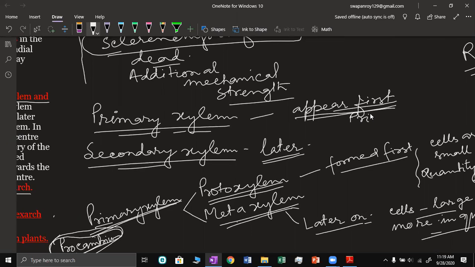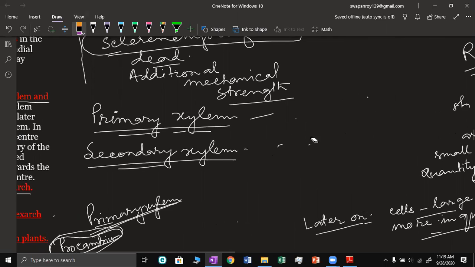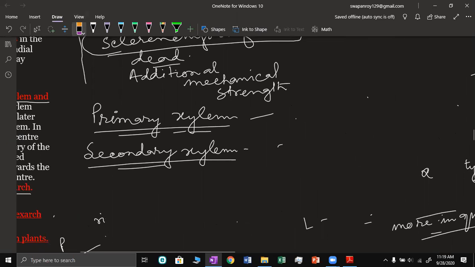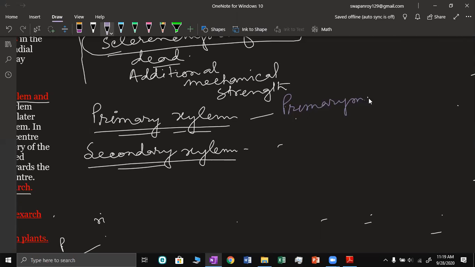This one is formed from the primary meristem, and the secondary xylem is produced from the later stage of growth, from the secondary meristem.